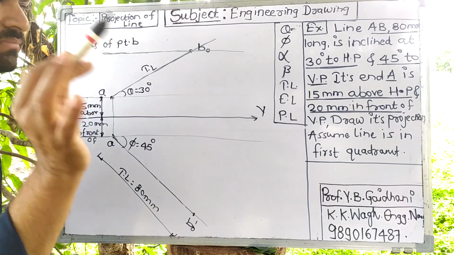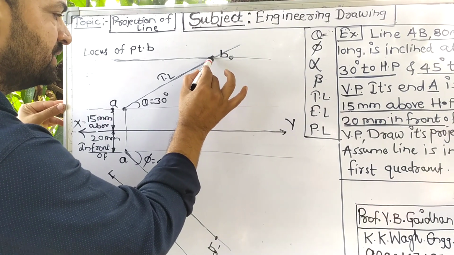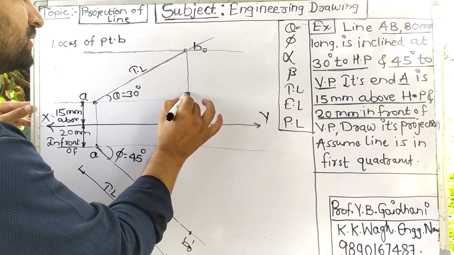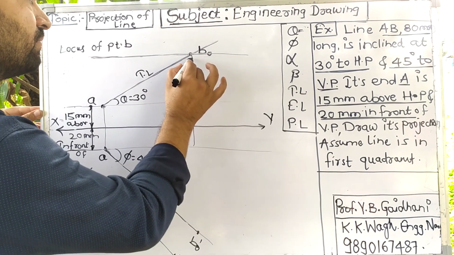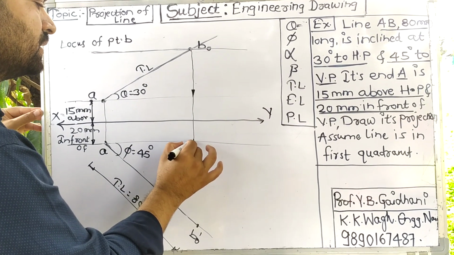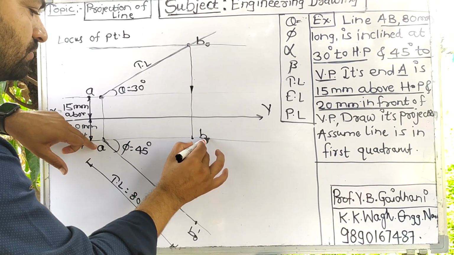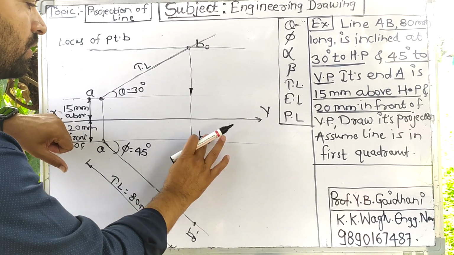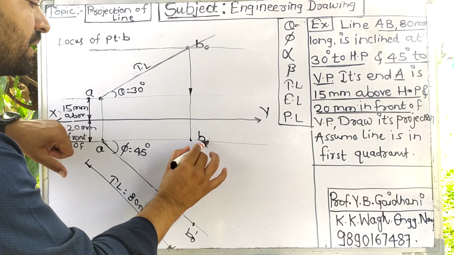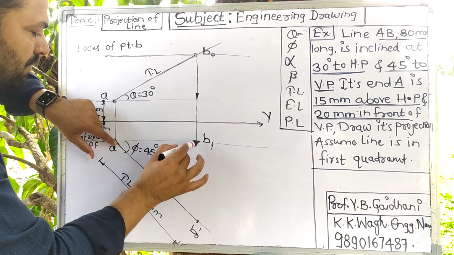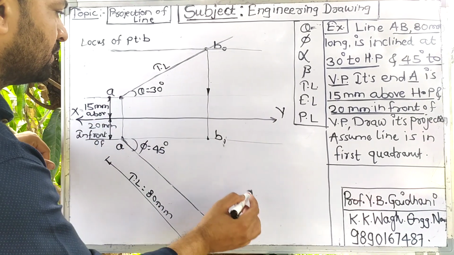Very simple. Take the projection of this B0 in the top view. Here I am taking the projection from the front view to the top view. Here I am putting B0 or B1. Taking the projection, take this distance in the compass and mark one point here.